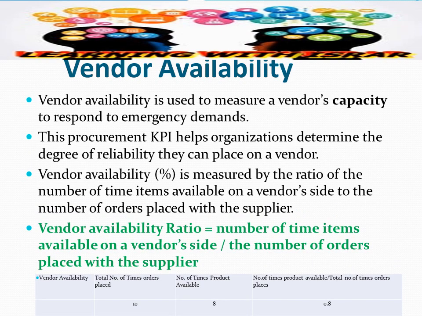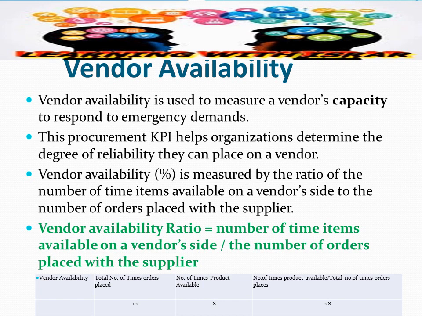So the next is the vendor availability. Basically, it is used to measure the vendor's capacity to respond to emergency demand. This procurement KPI helps organizations determine the degree of reliability they can place on a vendor. So vendor availability percentage is measured by the ratio of the number of times items are available on vendor sites to the number of orders placed with the supplier.